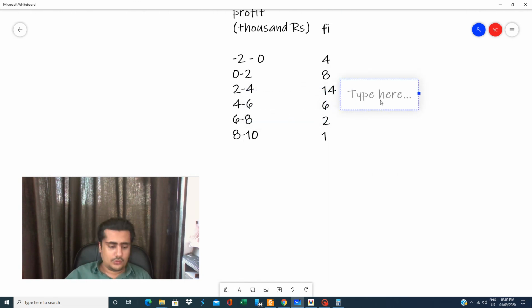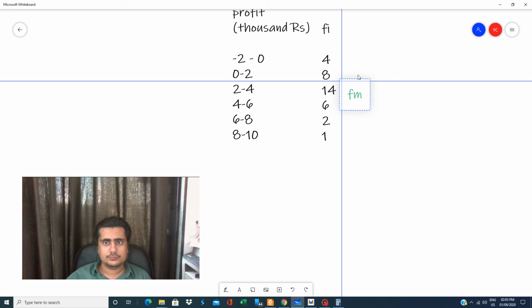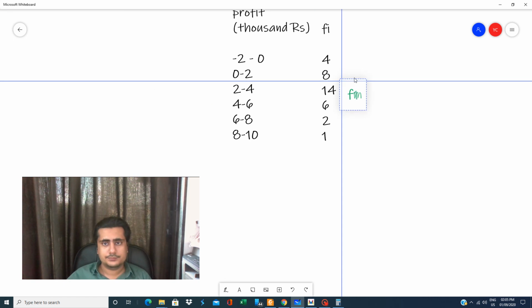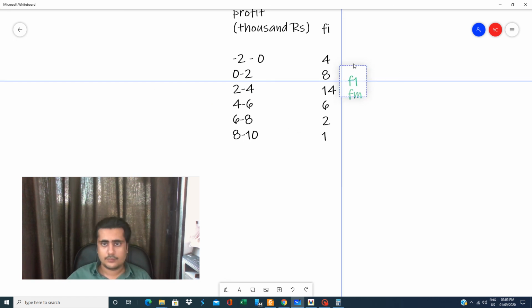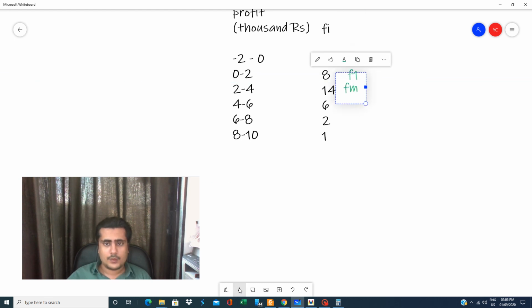So the highest frequency is Fm. The figure above Fm is F1, and the figure below Fm is F2.